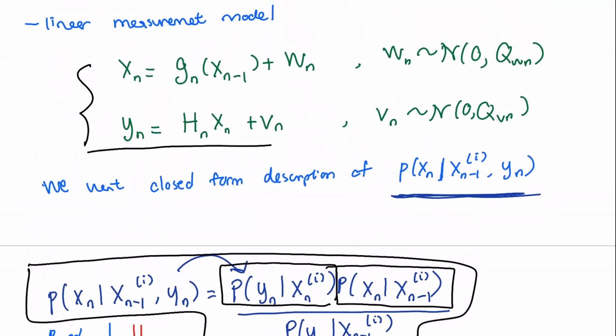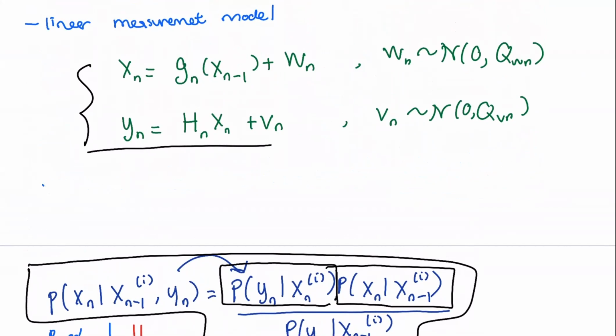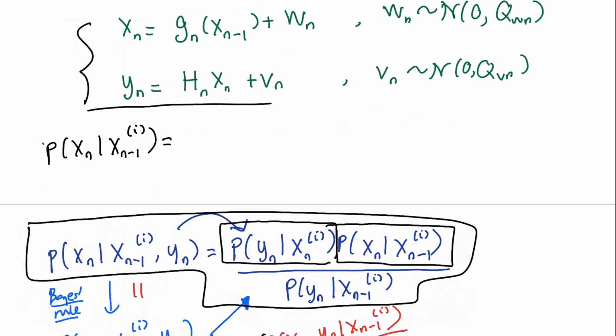So what I need in order to get the optimal importance distribution is I need to know what is the probability of xn given xn minus 1. Right. That would be this term here.